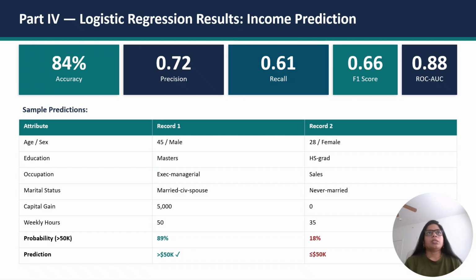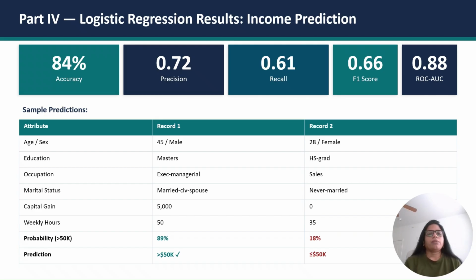If you see the metrics we achieved in this slide, we got 84% accuracy after testing the model. We achieved a precision of 0.72 and a recall of 0.61. The F1 score is 0.66 and our ROC AUC is 0.88.